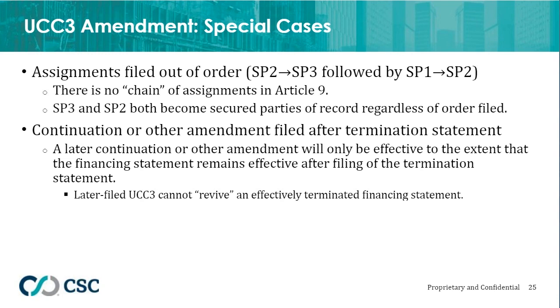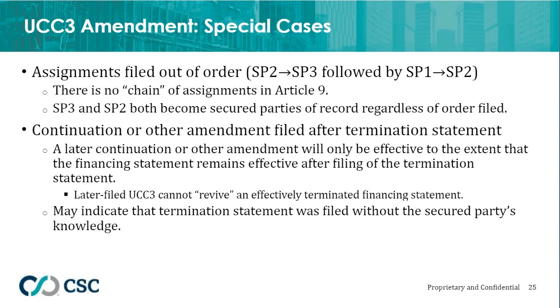Typically, when this happens, it can mean that a termination statement was filed without the secured party's knowledge, and they just assume that it's still fully effective, and it probably is if that's the case. Frequently, though, it's just also a mistake of the secured party.